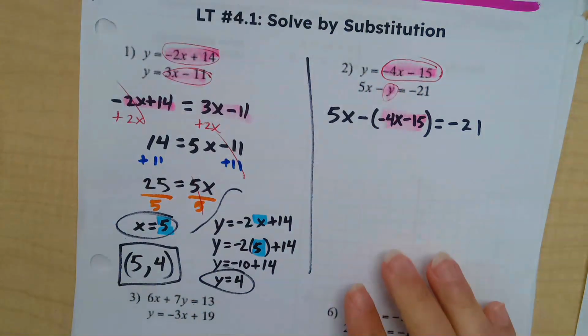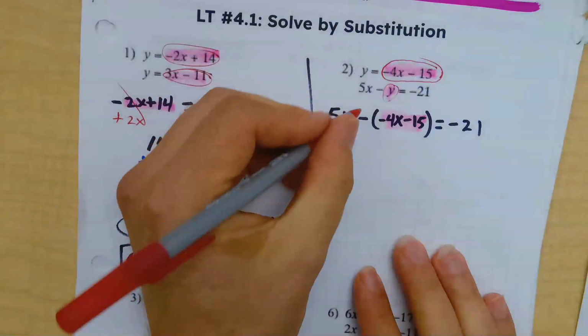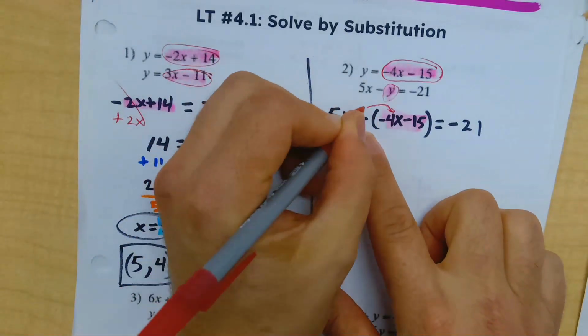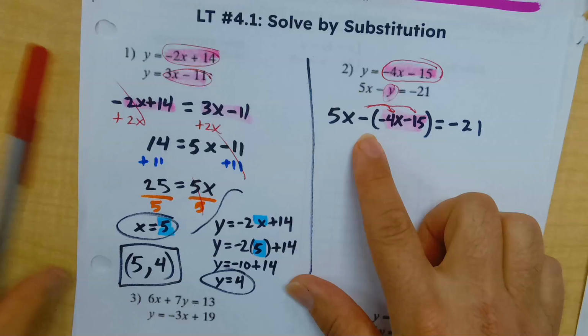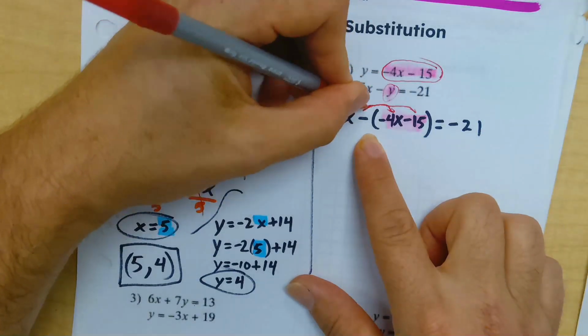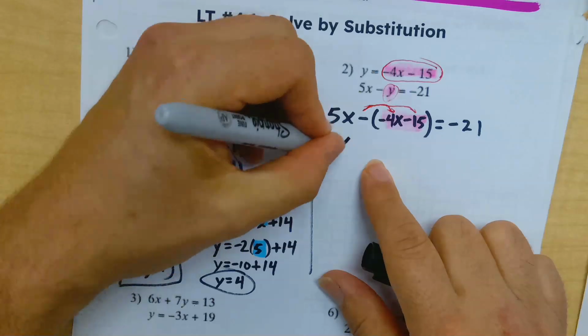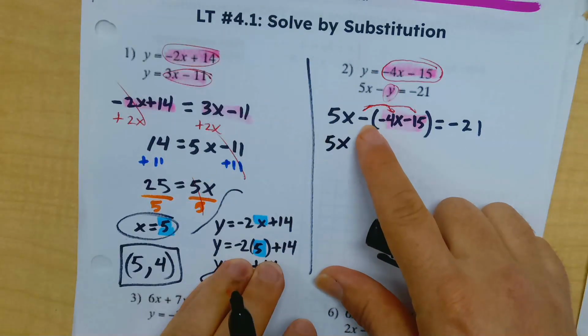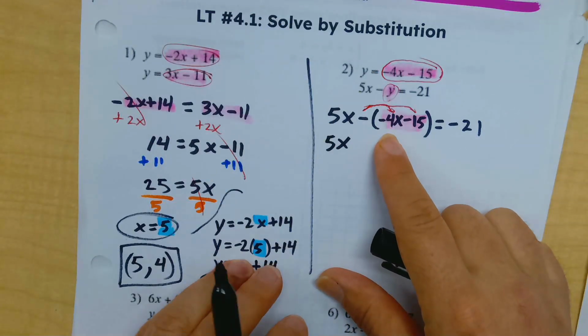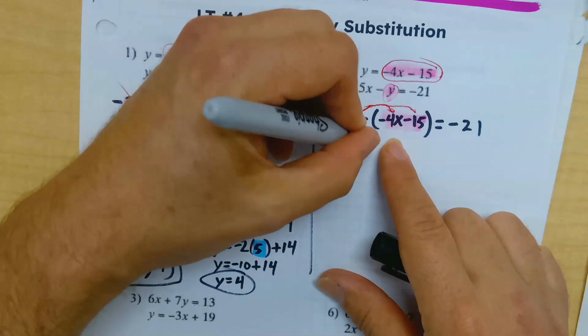Okay, and so then we multiply this negative times that. And this is where people struggled a little bit in class today. So we have 5x. So negative times negative 4 is going to give me plus 4x.